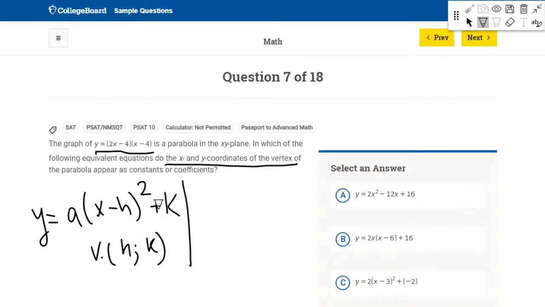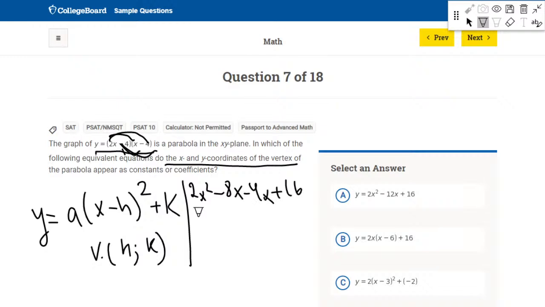Let's do it. To rewrite it in this form, we first need to open the brackets. So it's 2x squared, first this and then this, minus 8x, so now this, minus 4x, and now this, plus 16.